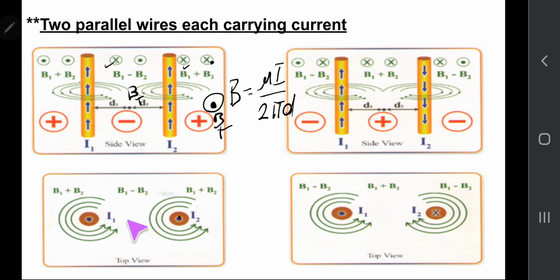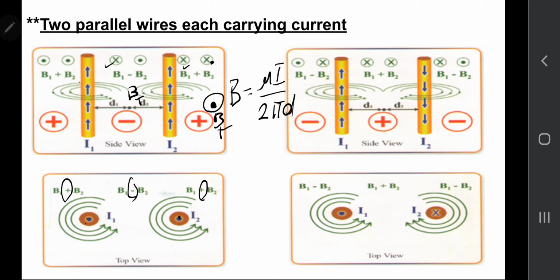So current here and here come out from the page. يبقى دول same direction of current. يبقى في الاريا between them هتبقى subtract و outside هيبقى plus. To determine B total at a point outside I can add B1 plus B2.